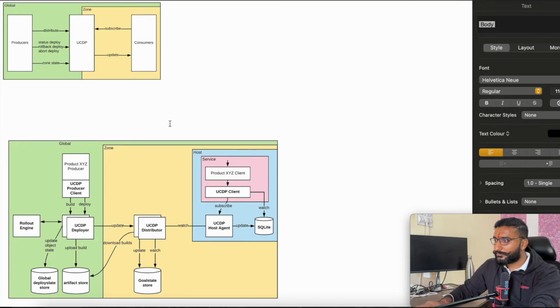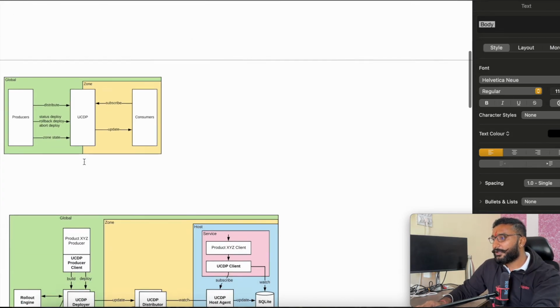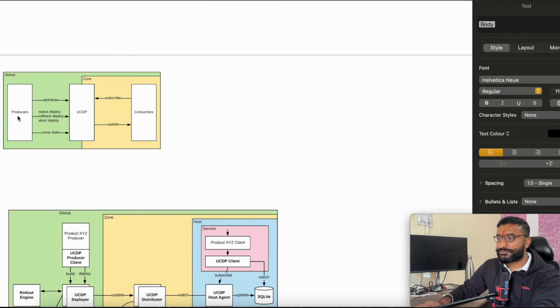Great. I hope you understand what the architecture of the systems looks like, like how the services are deployed. Whatever service you have, they are basically deployed on the host, on the VMs, depending on the type of workload. It could be stateless or stateful, but in the end they are deployed on the host, whatever the kind of your workload is. Now you have producers, which have the API to create or update the configurations.